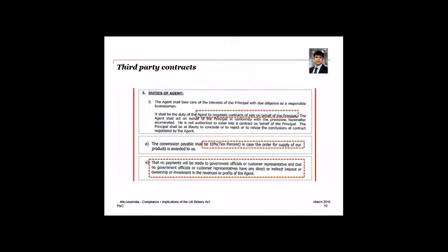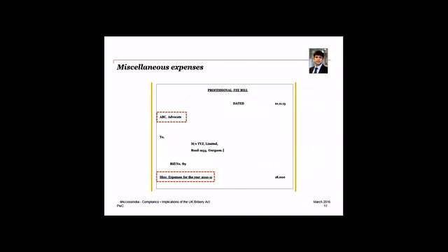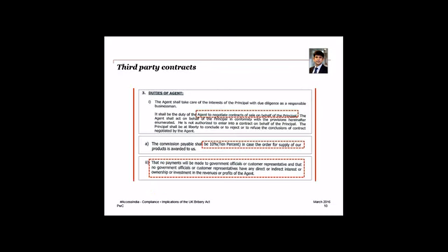Next one. Yeah, this is an example of a third-party contract and how poorly it has been drawn. It's really a very broad and a vague contract, and broadly defines the scope of work of the agent, which is basically to negotiate contracts of sale on behalf of the principal. So the exact scope of work has not been mentioned.